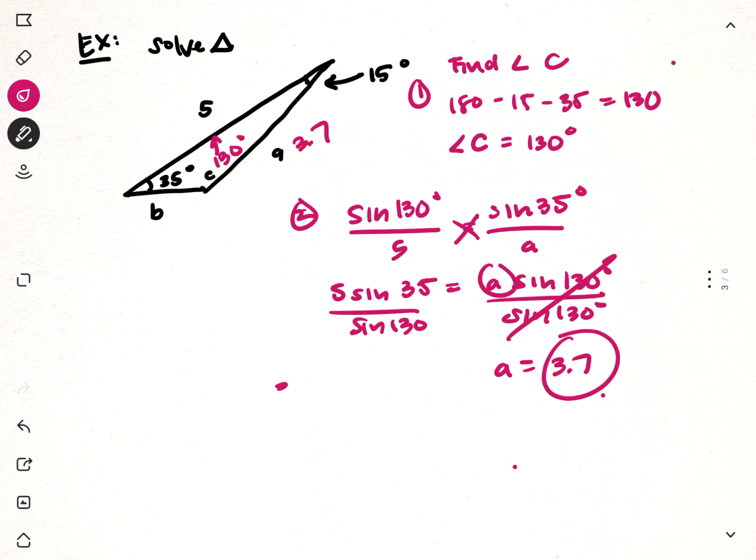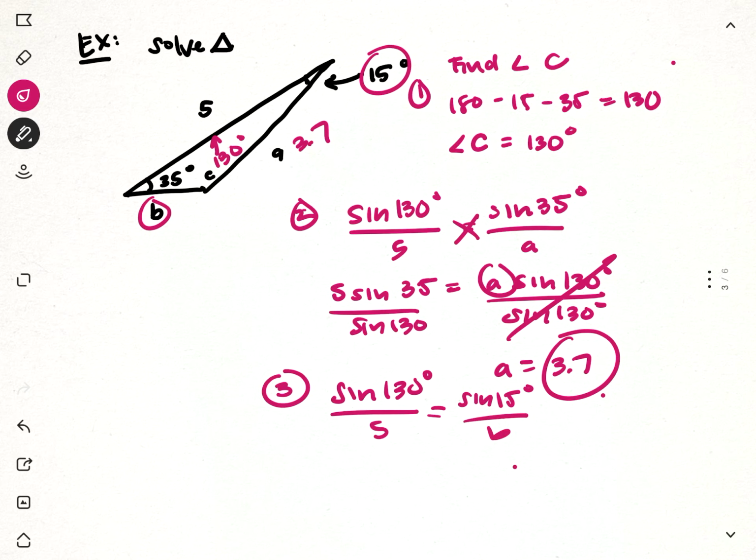And then we'll find B, the last missing side. So we can set up the sine 130 again over 5 is going to be equal to, 15 is the angle across B, so sine 15 over B. Cross multiply again, and then divide.